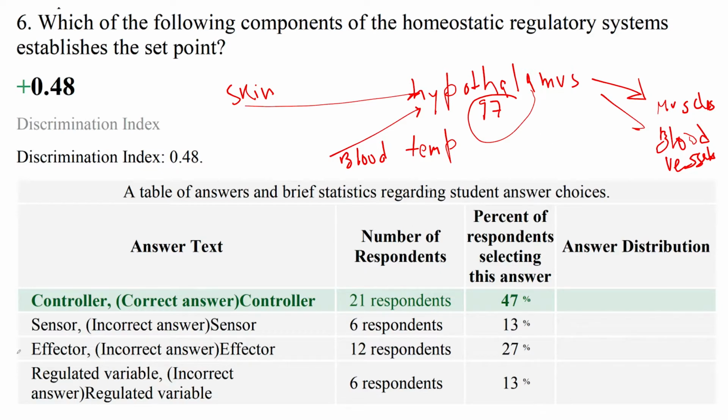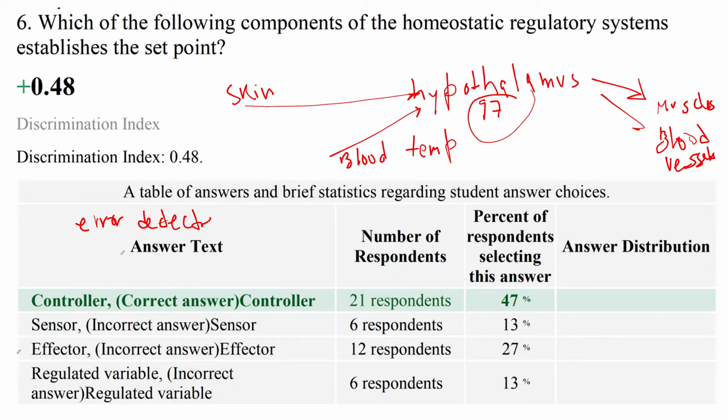I know that there is one of the PowerPoints that has the set point very close to the error detector, and the other says that the control center establishes the set point. Maybe that brought the confusion, but in any case, controller and error detector are both part of the control center. So you have to look at one of the components of the control center.